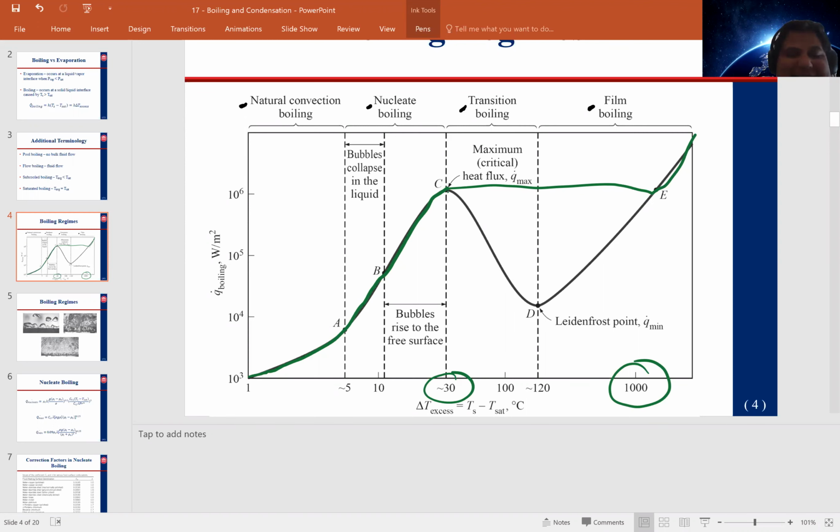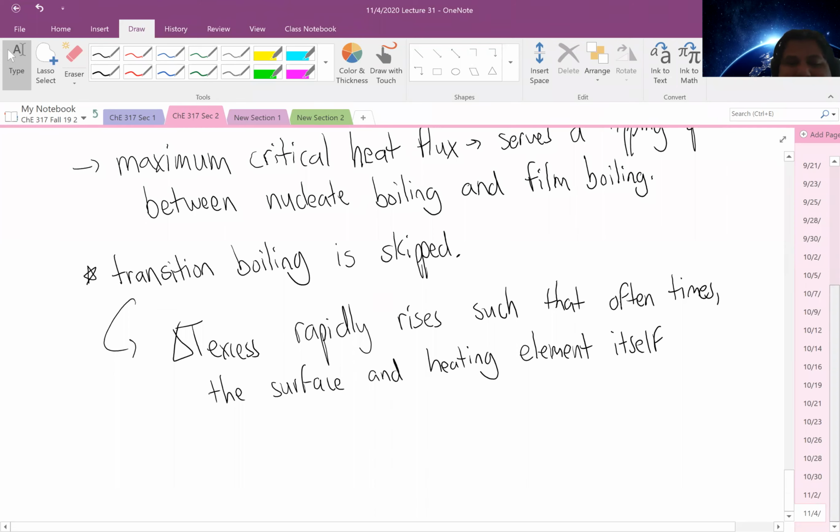And what that means is that our delta T excess rapidly rises, such that oftentimes the surface and heating element itself is destroyed.